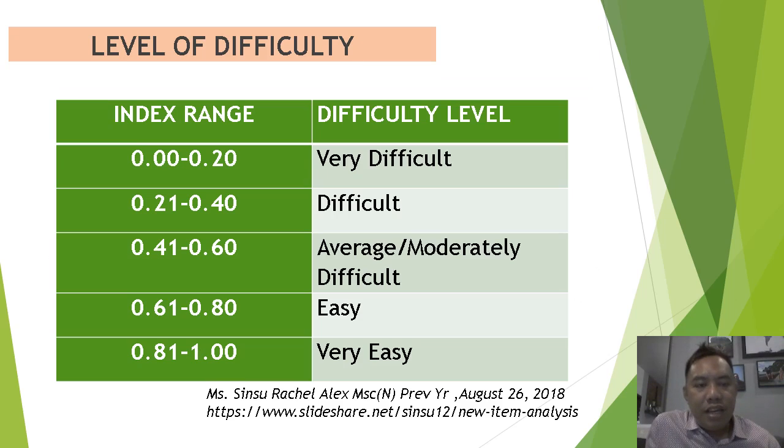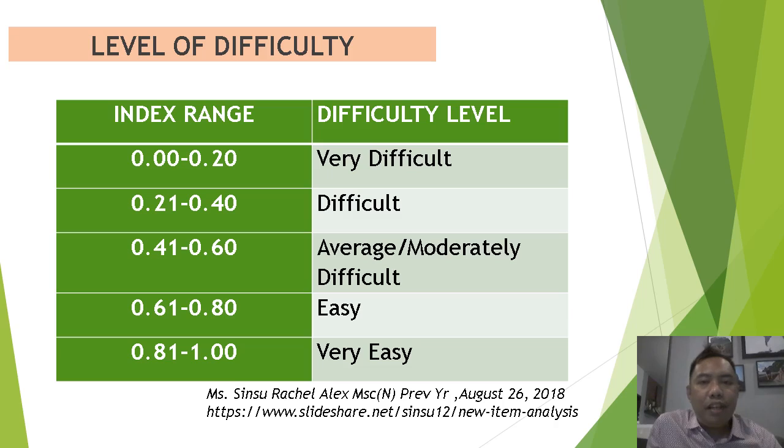On your slide, we have here the level of difficulty. We have the index range from 0.00 to 1.00, and the difficulty levels: very difficult, difficult, average or moderately difficult, easy, and very easy.